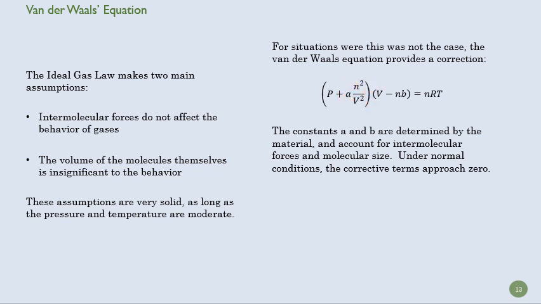Most of the time, these are zero in an ideal gas law, or very close to zero. But once we put them under a great amount of pressure and stick a whole bunch of molecules in a relatively small volume, then we can start to see the effects of the van der Waals equation, which is what this is.